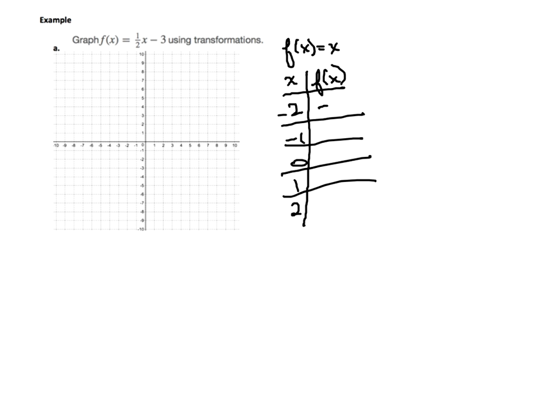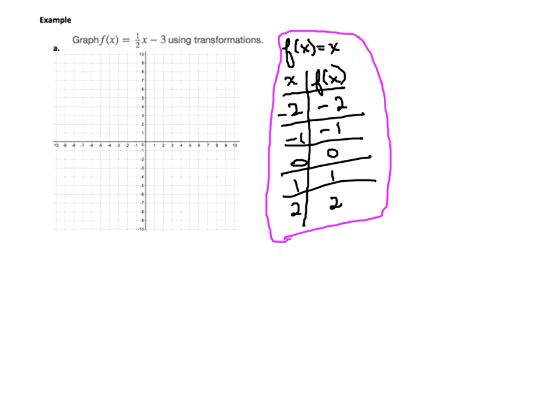For f of x equals x, my toolkit function, it says whatever you plug in, that's what you get out. Let me go ahead and graph this one on the graph so we can comparatively shift from there. So negative 2, negative 2, negative 1, negative 1, 0, 0, 1, 1, 2, 2. So I get this oblique line or diagonal line coming through just like that. That's my toolkit one, the identity.